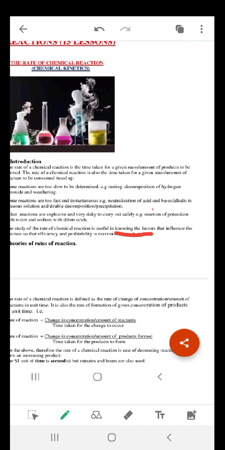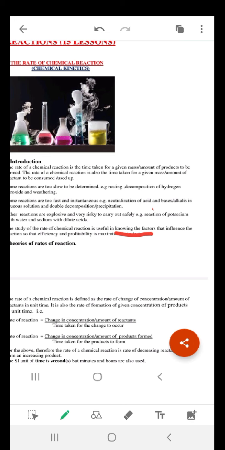Then some other reactions are too fast. Examples are neutralization reactions. An example is a reaction between an acid and a base. Most of them are explosive, but if you use a mineral acid like hydrochloric acid, maybe with a certain base, in a few seconds the reaction will have been over. So examples of reactions that occur too fast are the neutralization of an acid and a base, alkalis, to form a salt solution.